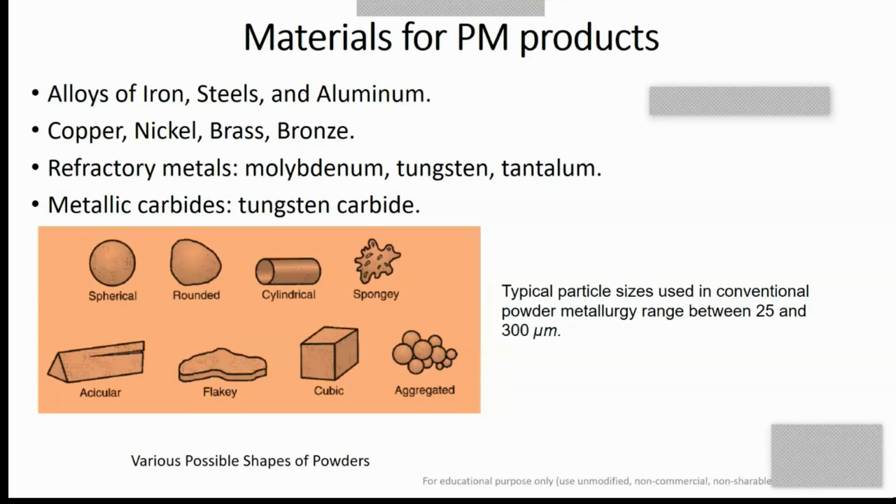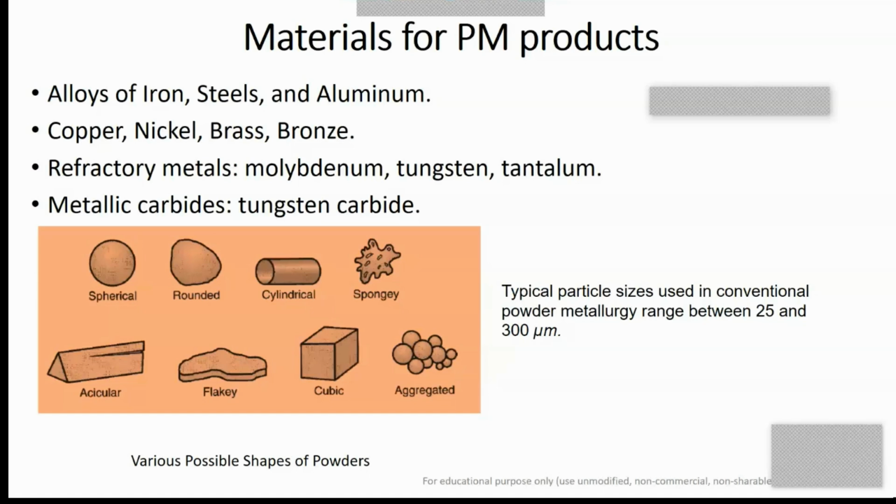So, what are the various possible shapes of powders which are available in the commercial market? They can be spherical, rounded, cylindrical, and some irregular spongy shape. So these are four basic types which are commercially available in the market.